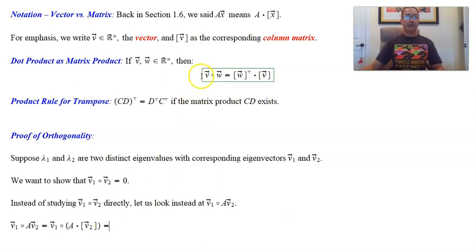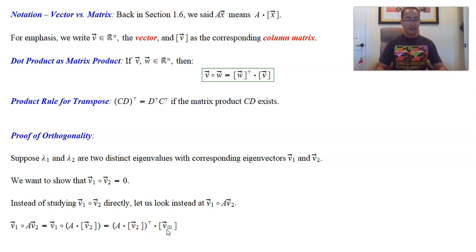Next step. We're going to use this property. So what's going to happen? I will put this on the left and then take its transpose. This one goes on the right times V1, written as a column matrix.